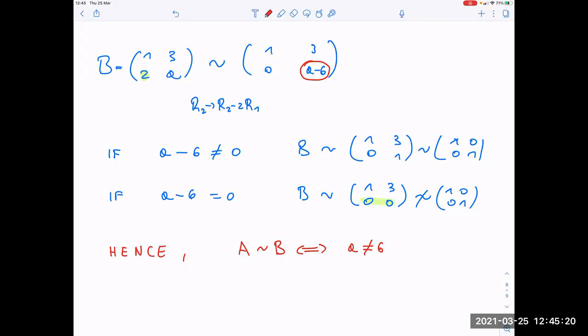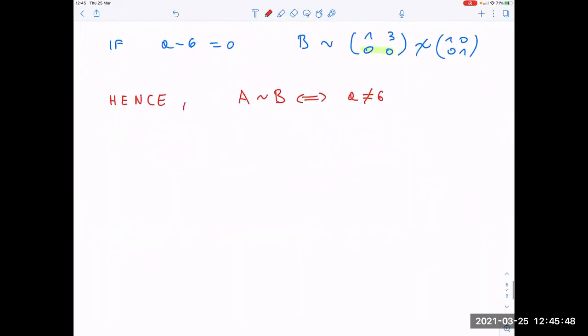And if you think a little bit more, it should be clear for a 2x2 matrix that if the determinant is not zero, then it is row equivalent to the identity. And so all 2x2 matrices with non-vanishing determinant are row equivalent to each other, because they are row equivalent to the identity. Okay? So this is just a quick note.